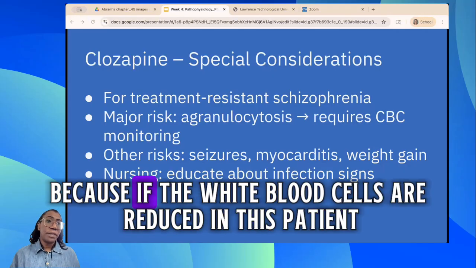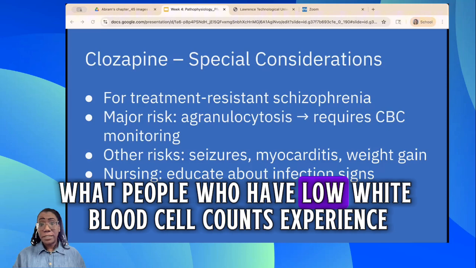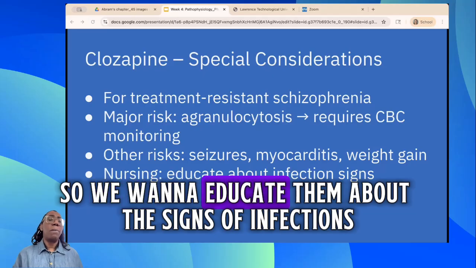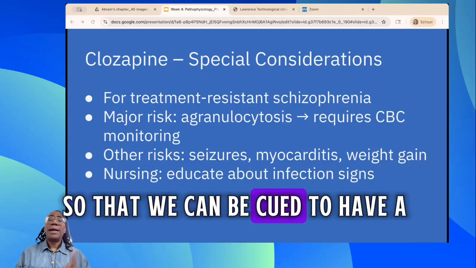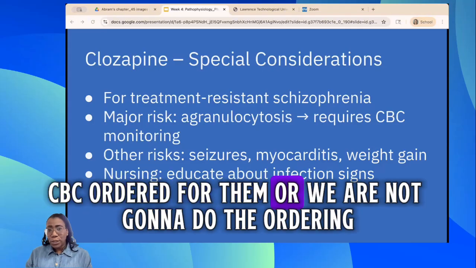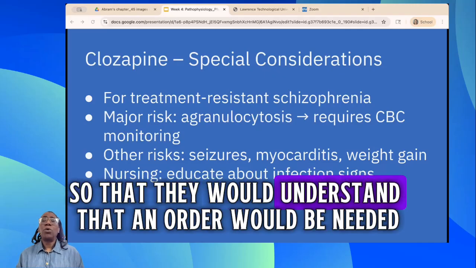Because if the white blood cells are reduced in this patient and they start to experience what people who have low white blood cell counts experience, then they might develop infections. So we want to educate them about the signs of infections so that we can be cued to have a CBC ordered for them. Or we are not going to do the ordering, but we communicate things to the team so that they would understand that an order would be needed.